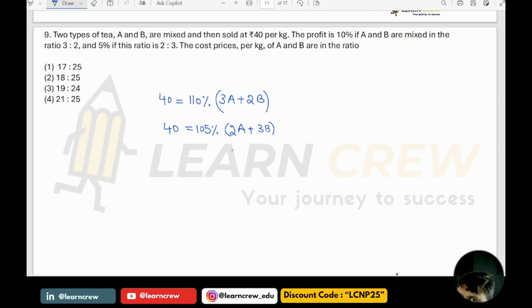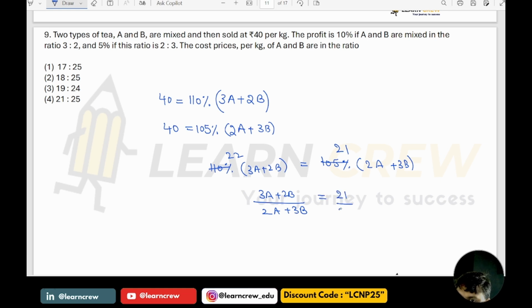So just take these two equal. 110% of 3A plus 2B is equal to 105% of 2A plus 3B. Now see here, this is 21 times, this is 22 times. So 3A plus 2B divided by 2A plus 3B is equal to 21 by 22.